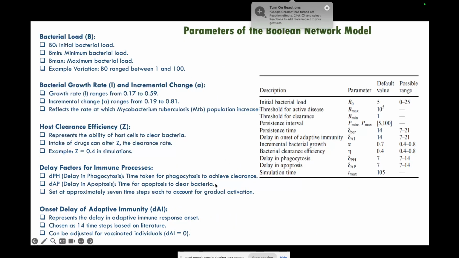Coming to the example, these are the different parameters considered for this Boolean network model. You have the bacterial load, with the initial, the minimum and the maximum. These are parameters, not the actual unknowns.